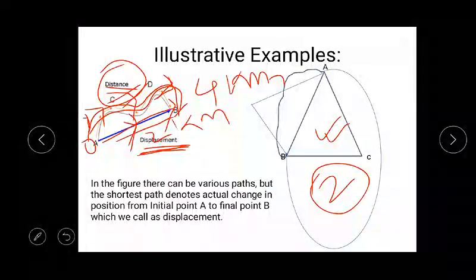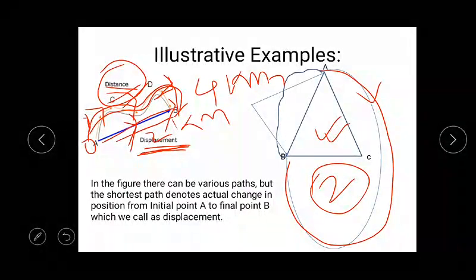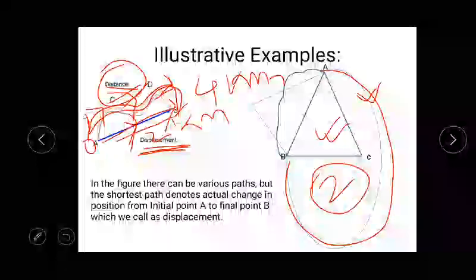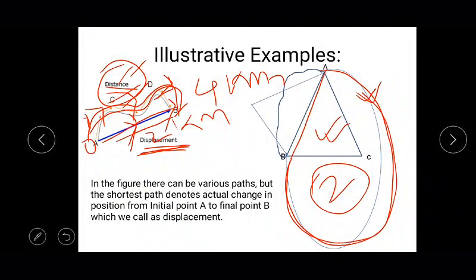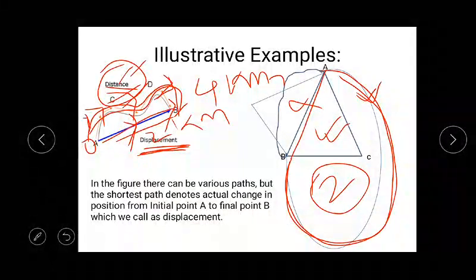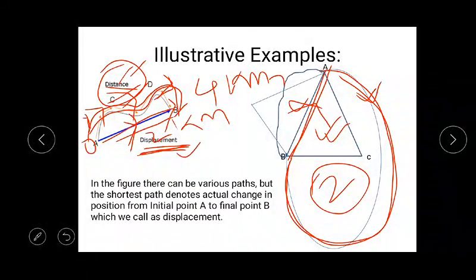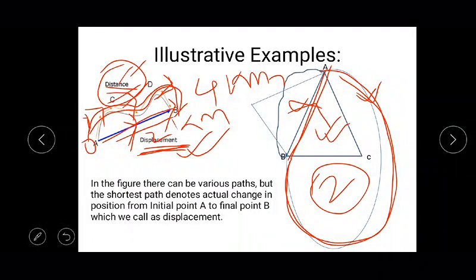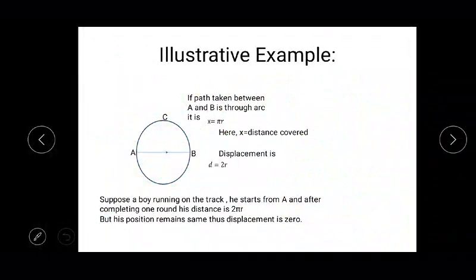Let's say we are taking this long path from B. This actual path that is being traveled is referred to as distance, while this shortest path, although I have taken the other path, even then I will consider this shortest path as the displacement. Clear? Now let's get back to the next diagram, where we have circular motion.